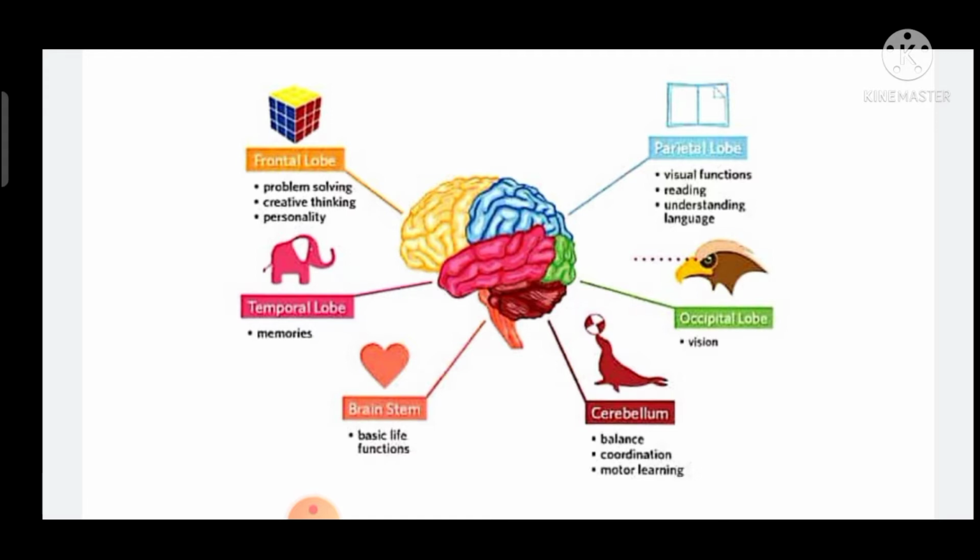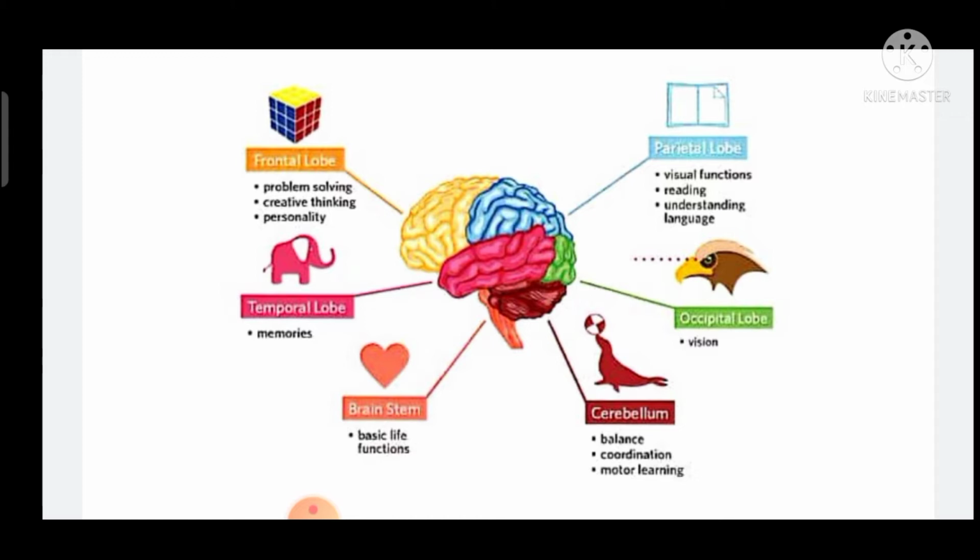It is used for problem solving, creative thinking, and for our personality. Then this pink one, the temporal lobe, is for memories. It is like memory storage. Everything is getting stored in that part, the temporal lobe.